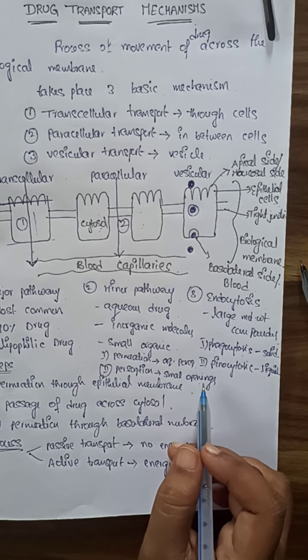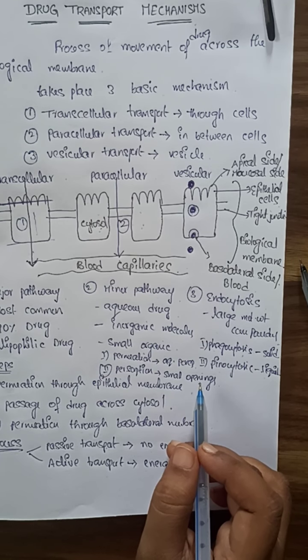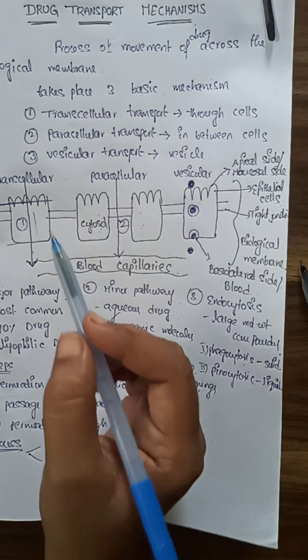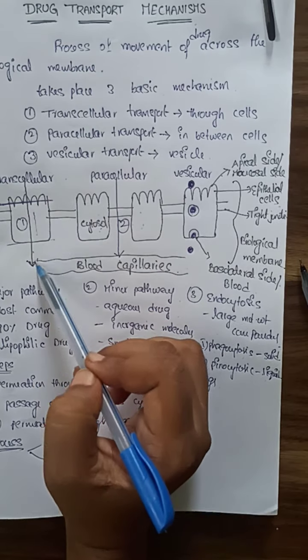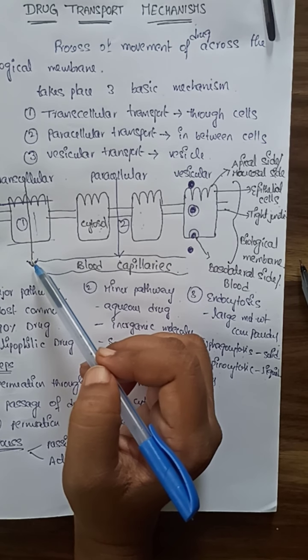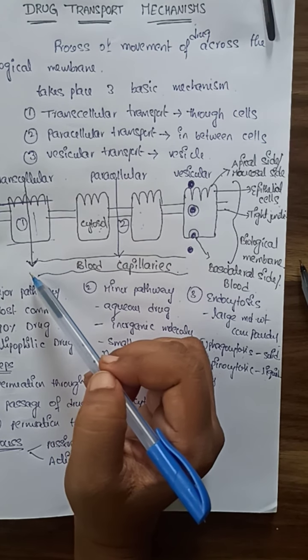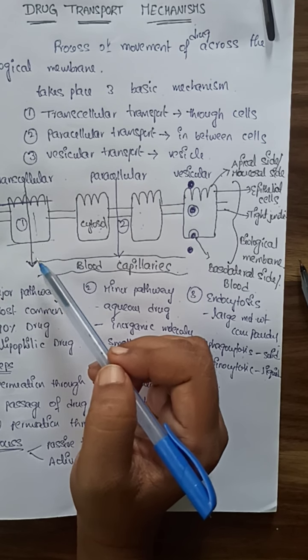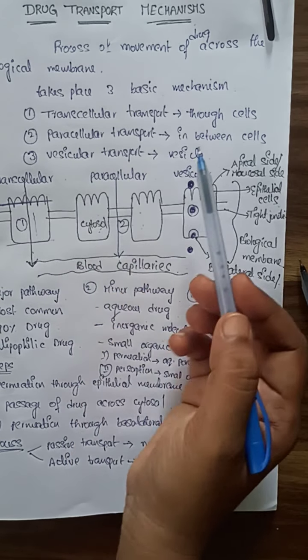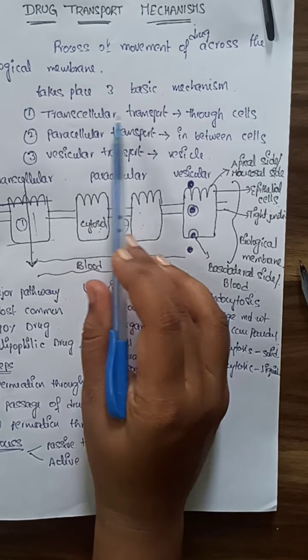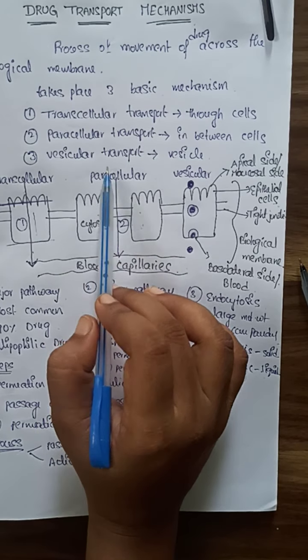So today we discussed drug transport mechanisms. Here drug transport means the permeation of the drug across the biological membrane. The drug transport basically takes place by three basic mechanisms: transcellular, paracellular, vesicular.